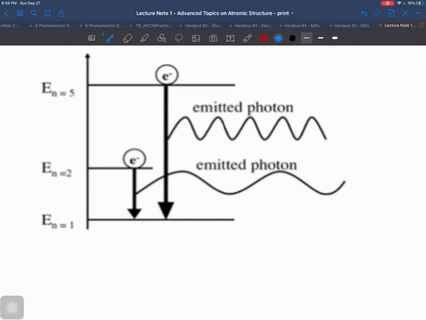Let's use this to briefly talk about what the wavelength is.